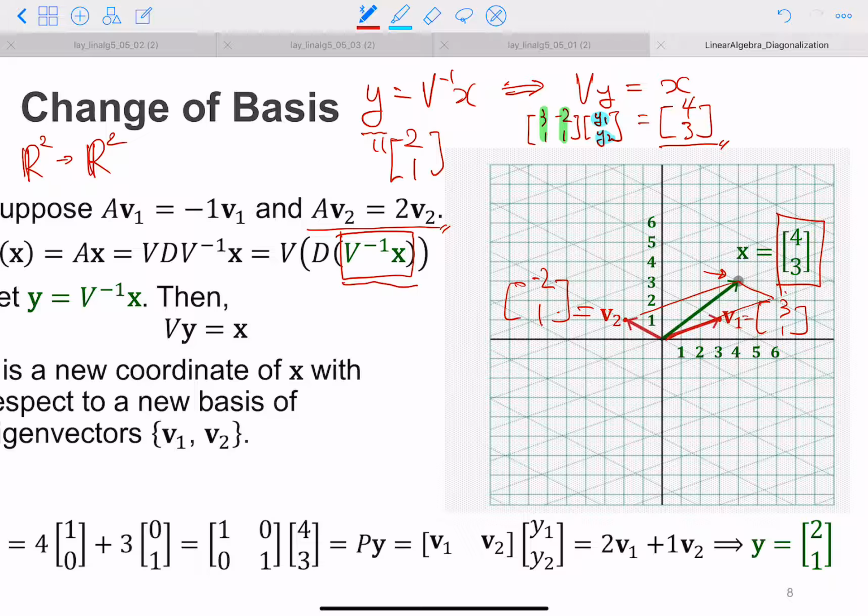In general, this vector is 2 times V1 and 1 times V2. So we represented a given input vector as the linear combination of eigenvectors, and those two are the linear combination coefficients, or weights.